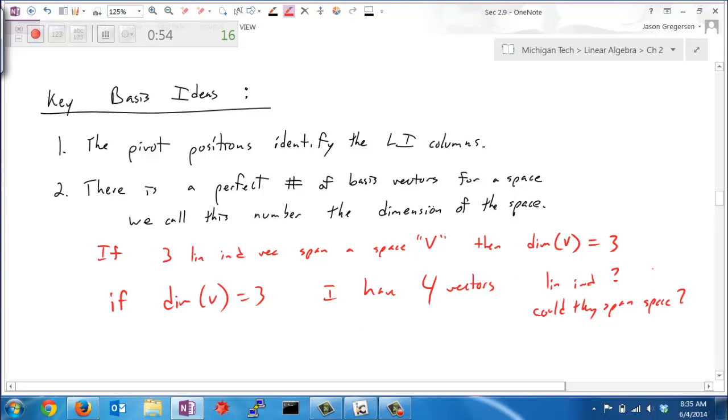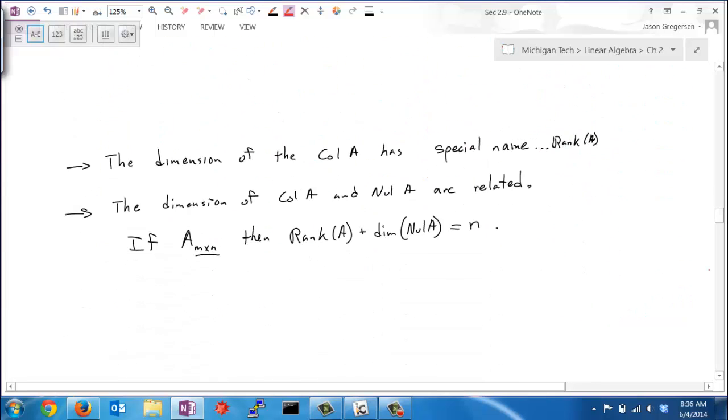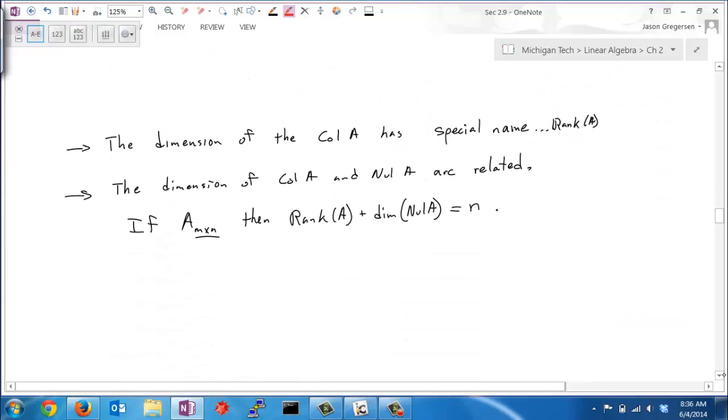All right, and for my 4 vectors, could they span the space? They might not span the space, but they could. All right, questions about that kind of back and forth with those definitions? Okay, so that's us practicing with the ideas of basis.